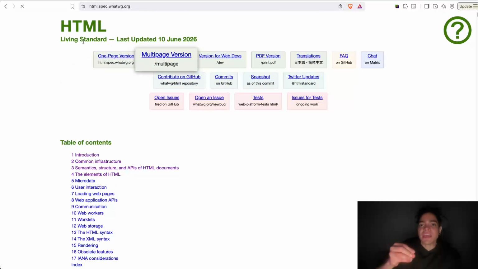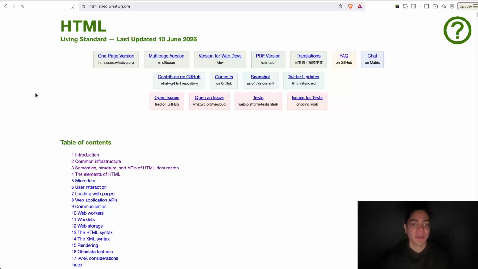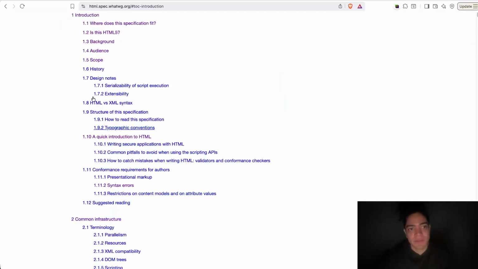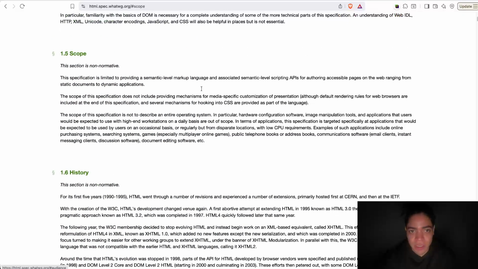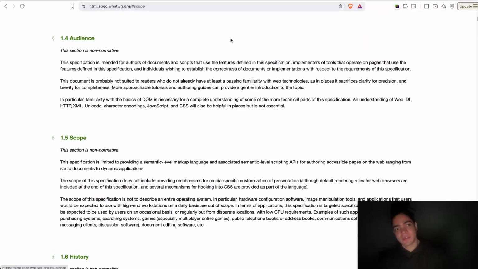And all the technology involved in describing this document. So for example, if I take a look at the scope here, particularly at the audience, what are the things that you need to understand in order to read this HTML document? Not only to read, but to develop this kind of documents, all right?